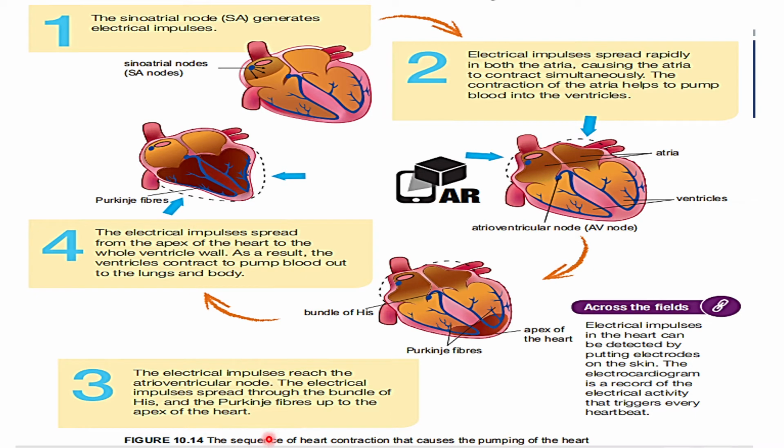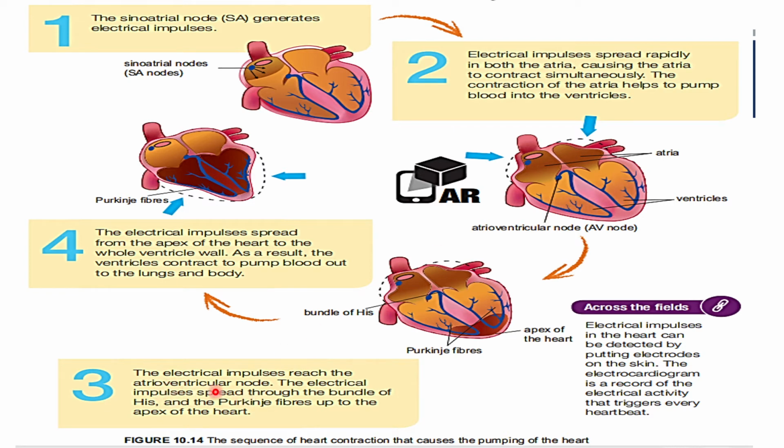Now this is the sequence of the heart contraction causing the pumping of the heart. First, the natural pacemaker, the SA node, generates the electrical impulse. The electrical impulse spreads rapidly in both atria, causing both atria to contract simultaneously, and this will push the blood to the next compartment, which is the ventricles.